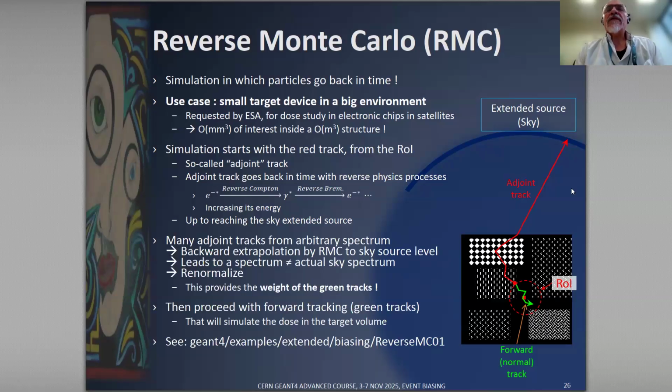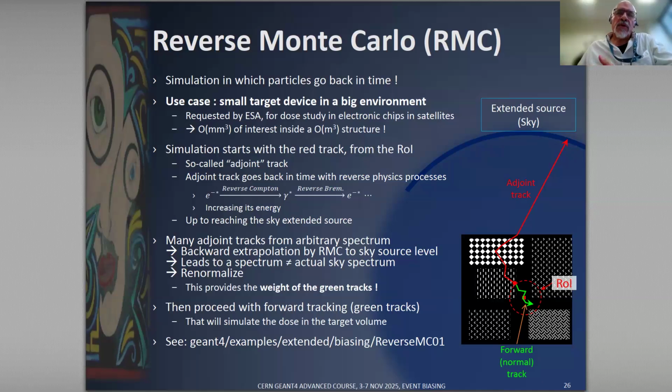So if you start from some spectrum on the region of interest, you have many tracks that you then propagate back in time. Propagating all these particles back to the sky will give you a spectrum on the sky.